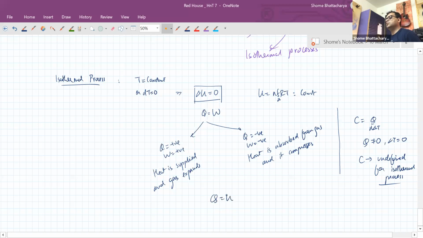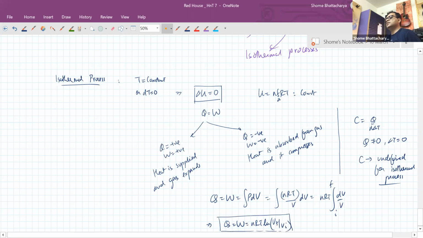Q is equal to W is equal to integration PdV. So that becomes integration, as you know, nRT, which is a constant, from initial to final. So Q is equal to W is equal to nRT natural log of final by initial.